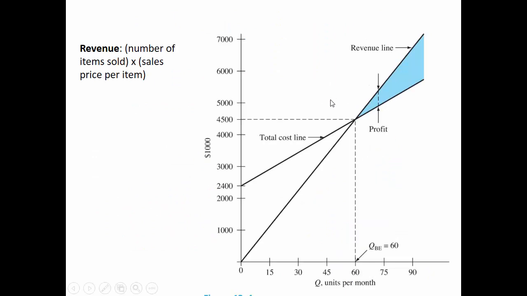This is zooming in on the curve that you've seen before, the first break-even point. So what it's showing in this illustration is that you have your cost line, and once we get past some break-even point, then this line below is the revenue line.